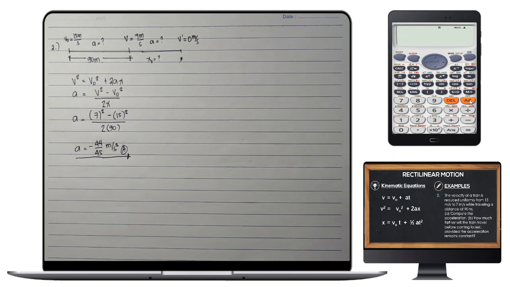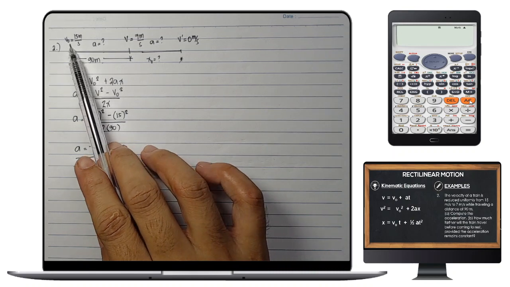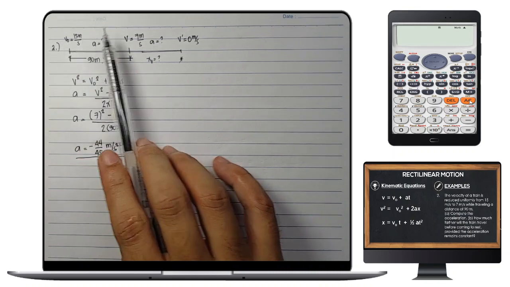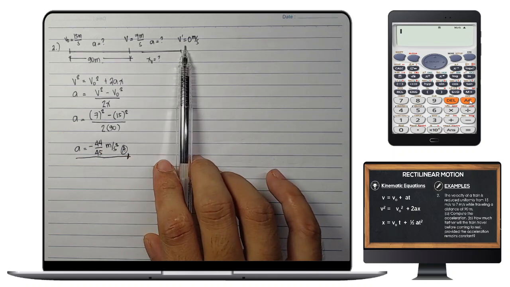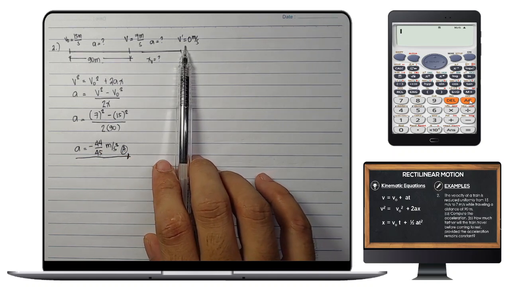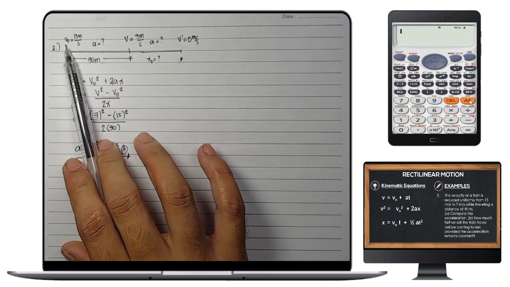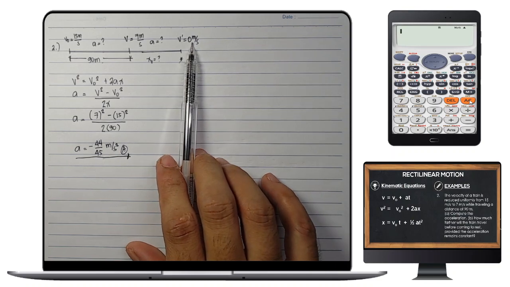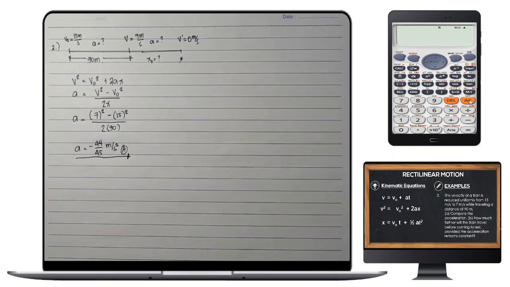So, with that, the final velocity at this point will be 0 meter per second. Let's say you want to consider 15 meter per second as the initial velocity and 0 meter per second as the final velocity. So, this is your V sub O, this is your final velocity. Again, we'll be using the formula number 2.